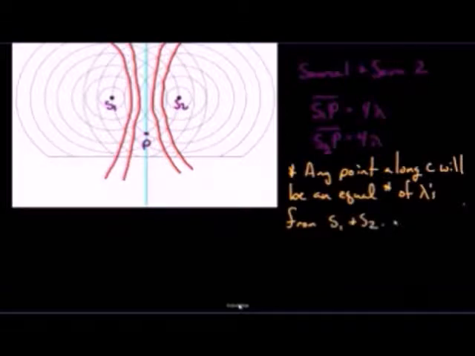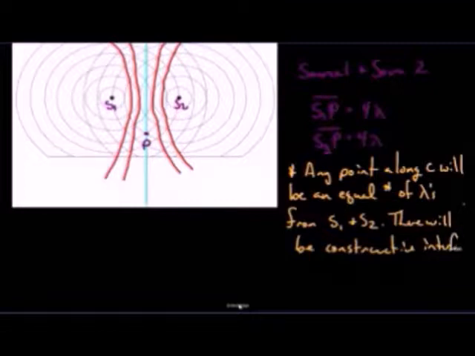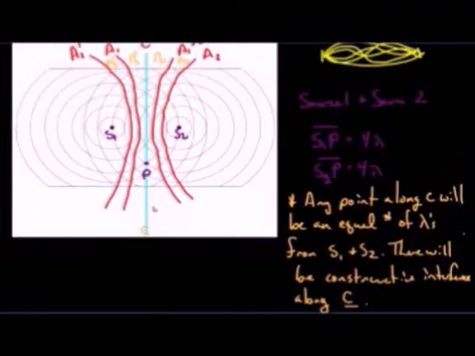So what is the result of that? This means there will be constructive interference along C. You will always have constructive interference along C, this line here, because you always have an exact equal number of wavelengths coming.